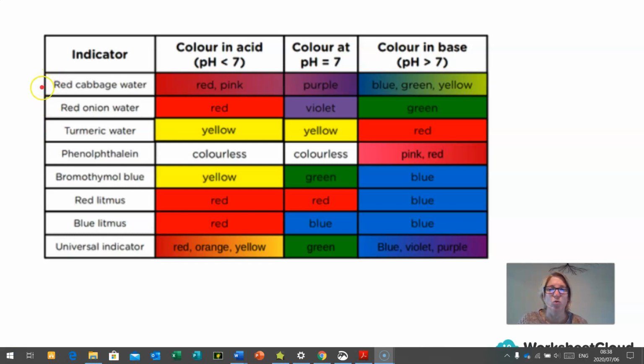So red cabbage water, red onion water, and turmeric are all indicators that you are able to make at home. Phenolphthalein, bromothymol blue, red and blue litmus paper, and universal indicator you will find in general school laboratories. And we will have a look at some of these indicators as part of our lesson today.